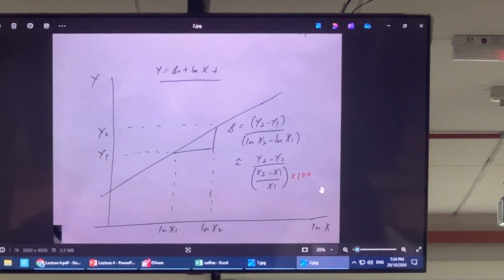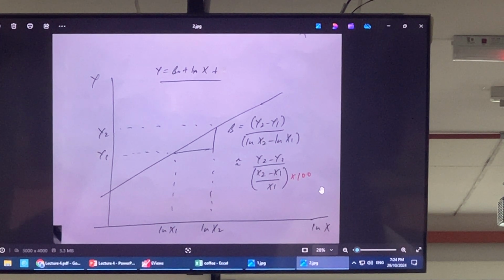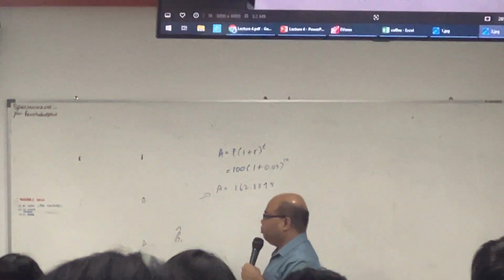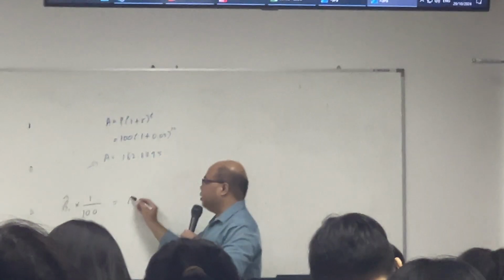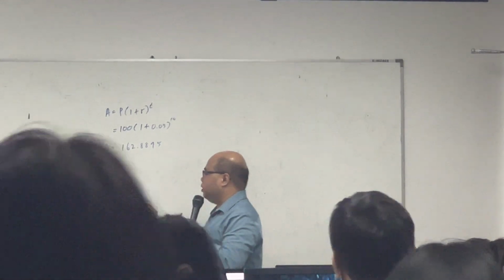It's just like times 1 over 100. If you want to interpret as percent, then you take the estimate of beta 1 times 1 over 100, or you just divide by 100.